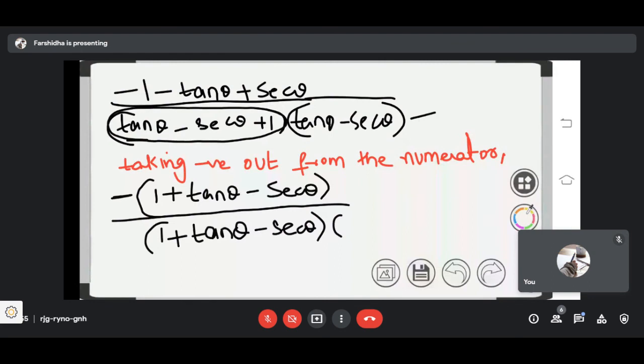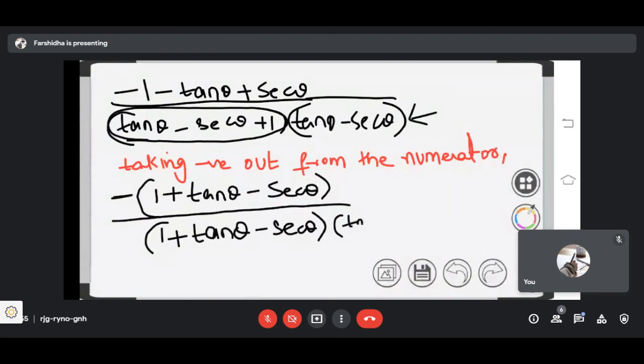Into the same thing, tan theta minus sec theta. So now you can see why I have taken the negative outside from the numerator. When I taken the negative outside, you see here it is 1 plus tan theta minus sec theta. Denominator also 1 plus tan theta minus sec theta got cancelled. Both are same, so it got cancelled.